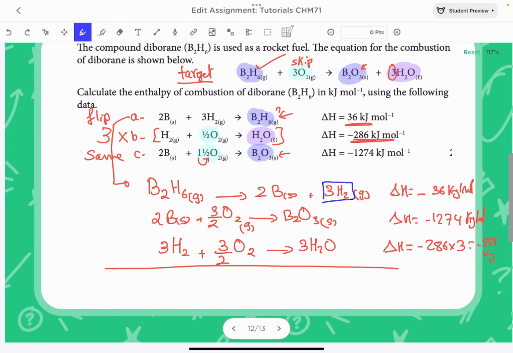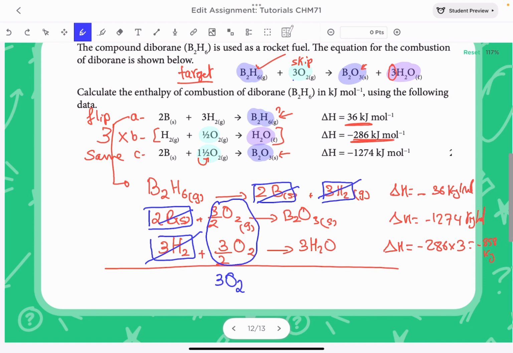Now, adding up these equations is a verification that you reached the target. So 3H2 and 3H2, one reactant, one product, they cancel out. 2B reactant and 2B product, also they cancel out. 3/2 plus 3/2 O2, they add up because they are on the same side. So that is 3O2. You see, the O2 problem is solved. And these two remain in the equation.